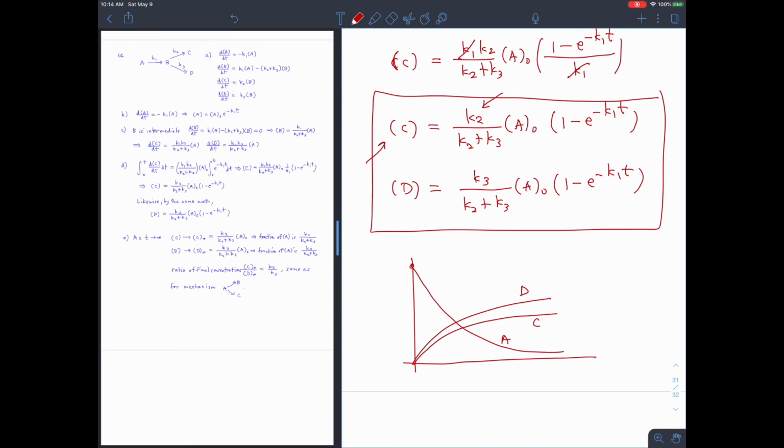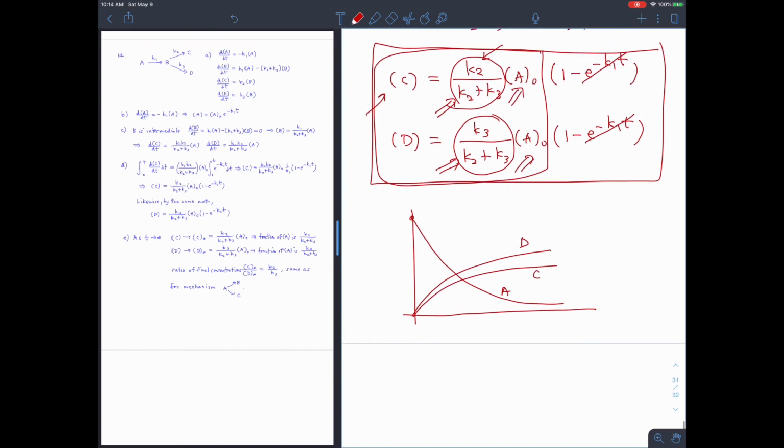Well, as time goes to infinity, that term is going to go to 0. That means all we're going to get is just these first two terms when time goes to infinity. And notice, this plus this is equal to 1. So this is a fraction of the amount of A0 that we started with, and that's a fraction of the amount that we started with. So this is really answering the last part of the question already.